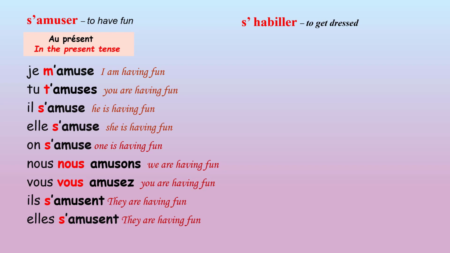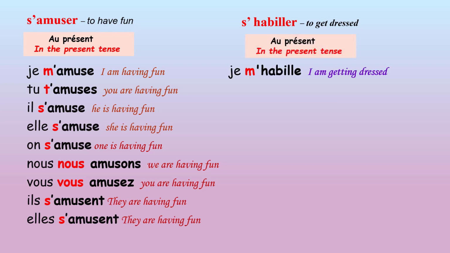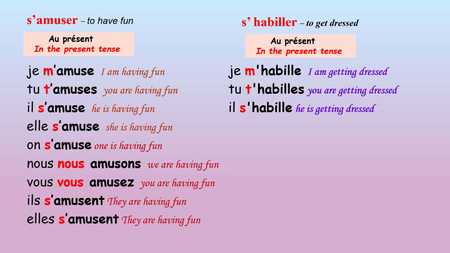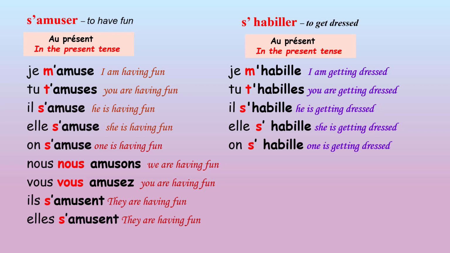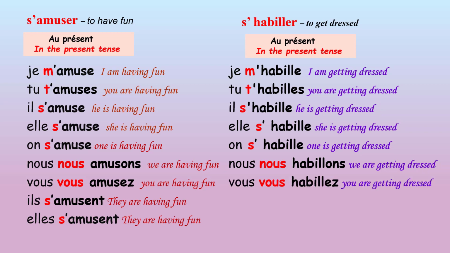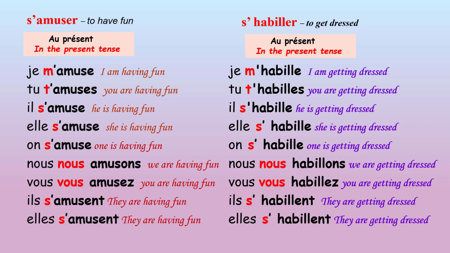Now let's see the conjugation au présent. Je m'habille, tu t'habilles, il s'habille, elle s'habille, on s'habille, nous nous habillons, vous vous habillez, ils s'habillent, elles s'habillent.